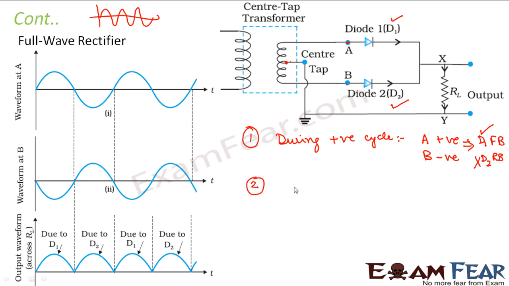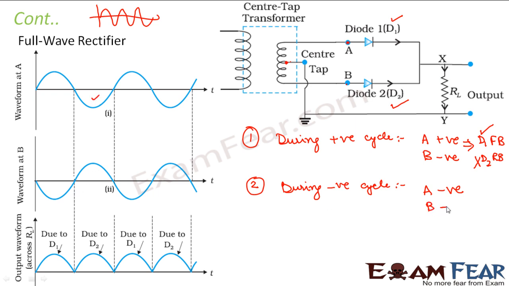Okay. Now what happens during the negative cycle? During the negative cycle of the input, A is at negative, so the waveform at A is negative.